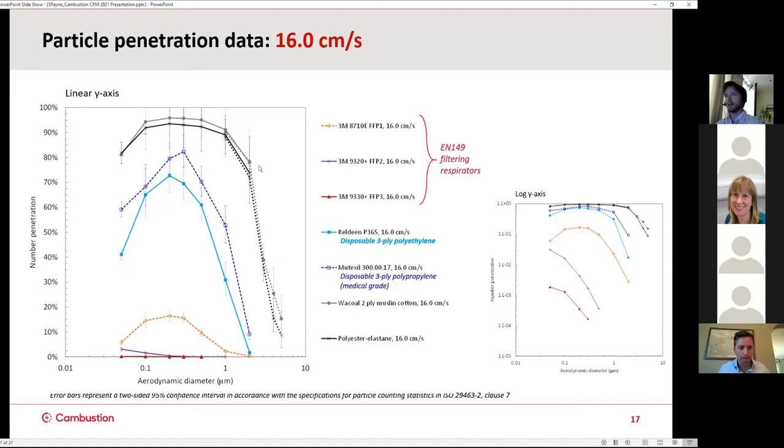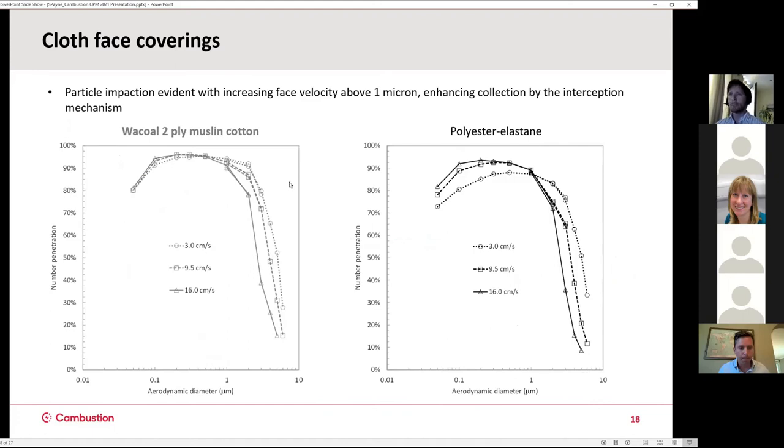We actually see, and I've plotted it separately here, the cotton and the polyester elastane on the right. You see with the solid lines for the high face velocity, we're seeing greater collection in that supramicron scale. So that's clearly the evidence of particle impaction, then enhancing collection by the interception mechanism.